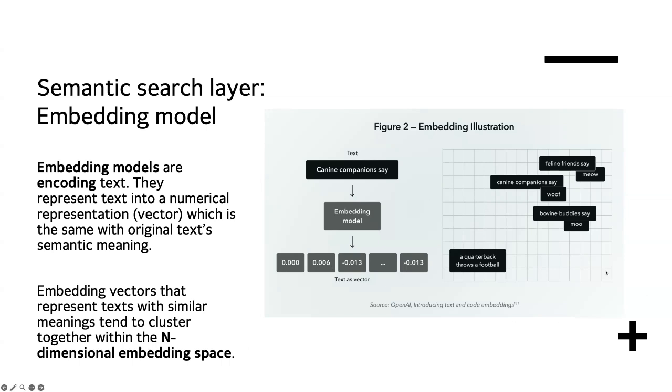We see here it is an n-dimensional embedding space, and since we translate every word into a vector, the words with similar meaning in the documents are clustered together in the embedding space.